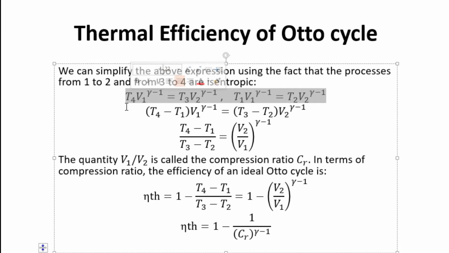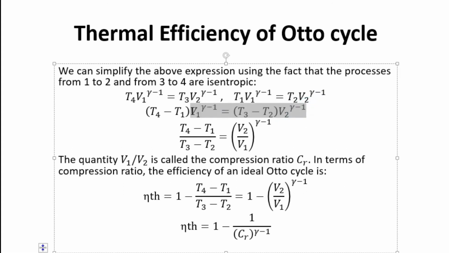This is for state 3 to 4, and for state 1 to 2, again this is an isentropic process and entropy is constant, so we can write the same expression. By rearranging these equations we get this expression, which can be further simplified as T4 minus T1 over T3 minus T2 is equal to (V2 over V1) to the power gamma minus 1. So here, students, we have found this value.